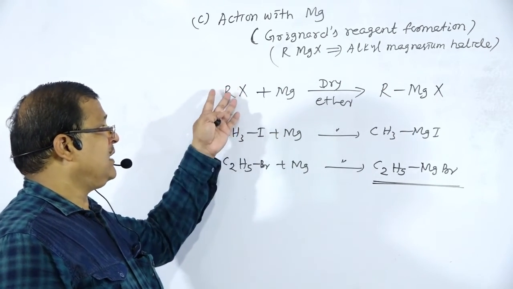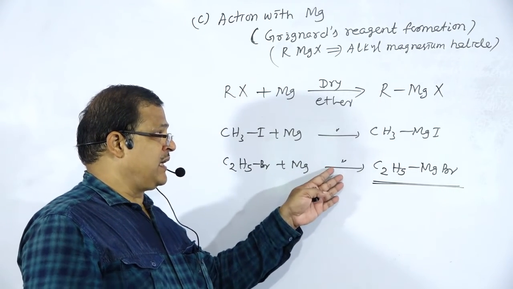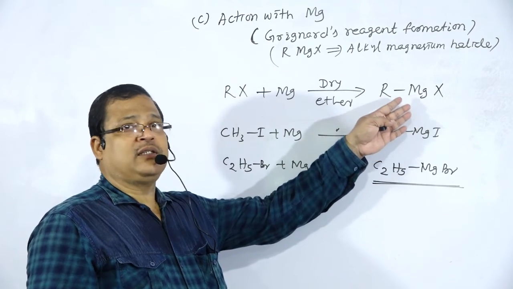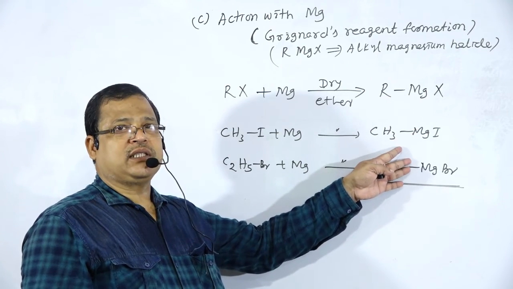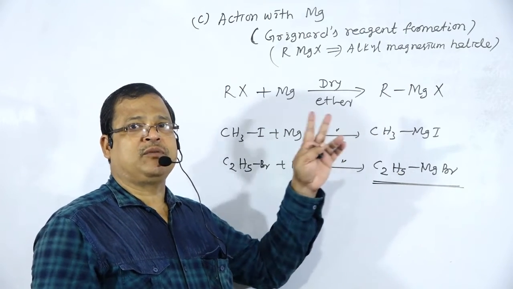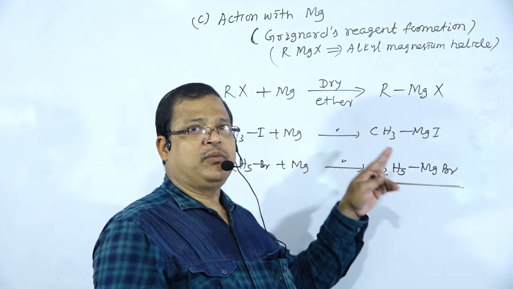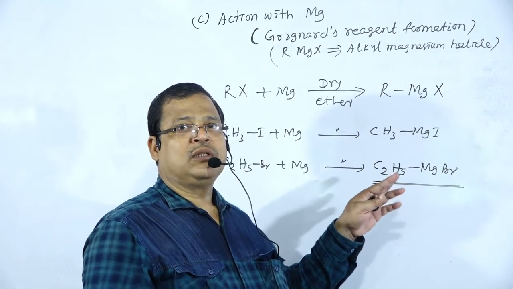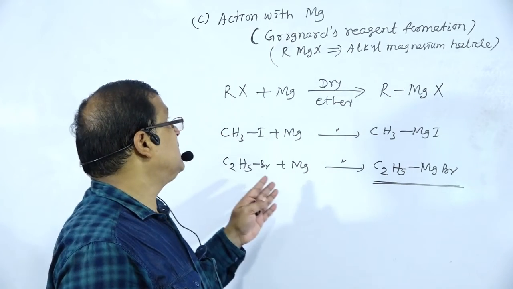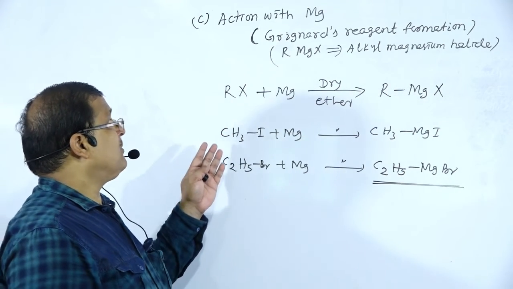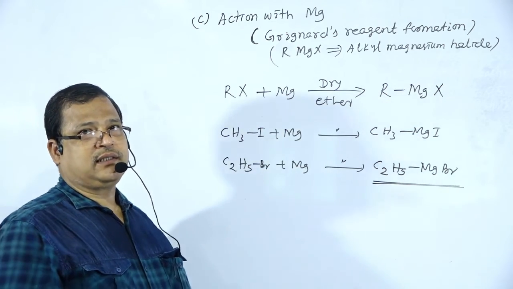So alkyl halide reacts with magnesium in dry ether to form alkyl magnesium halide, Grignard's reagent, which has very important synthetic uses: preparation of alkanes, carboxylic acids, aldehydes, ketones, and primary, secondary and tertiary alcohols. This is the reaction of alkyl halides with magnesium to form Grignard's reagent.